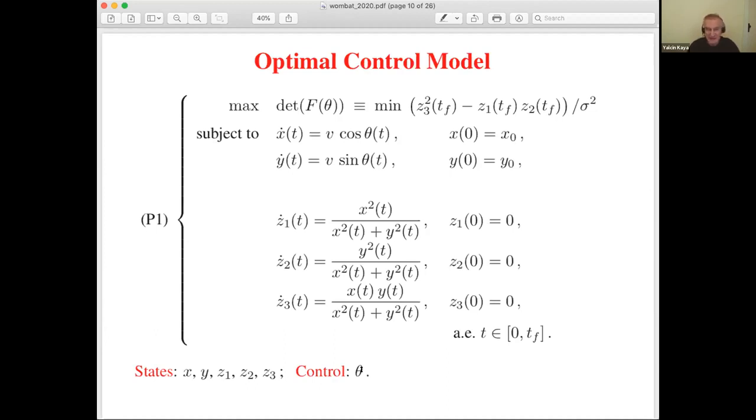It requires an impulsive change. So when you choose control as theta, then naturally you cannot really write down what initial course your vehicle has.